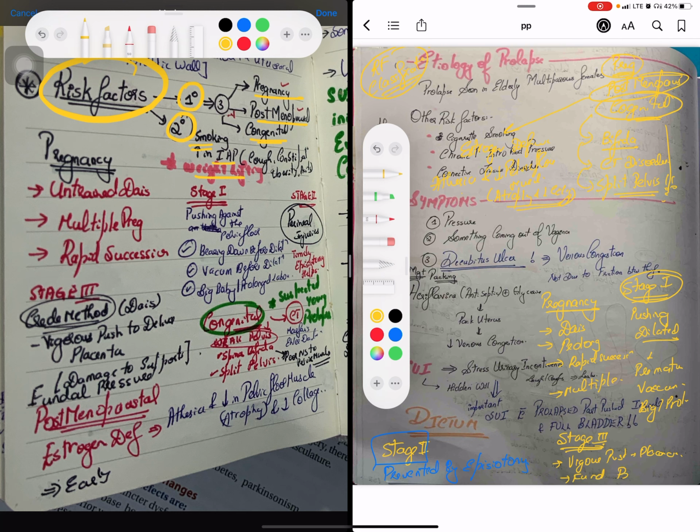This is nothing but Credé's method. So these are the causes for pregnancy-related prolapse.